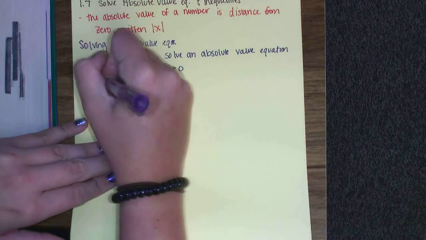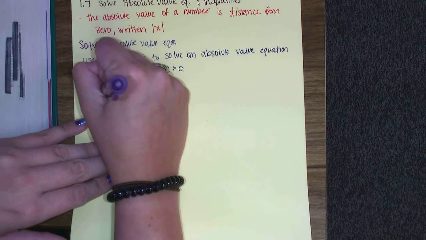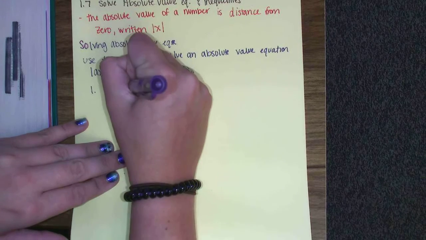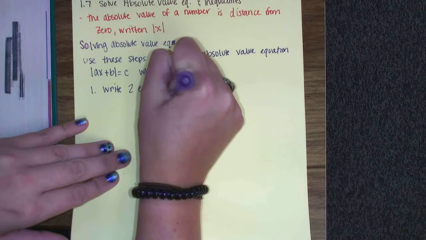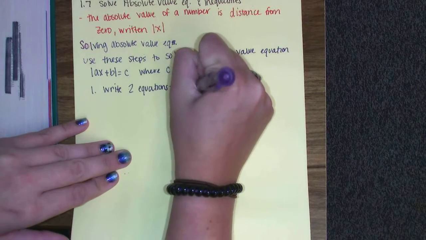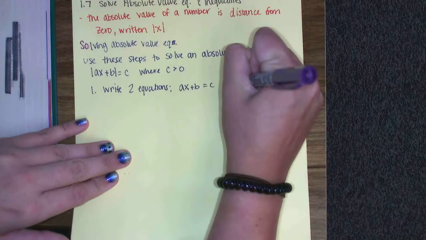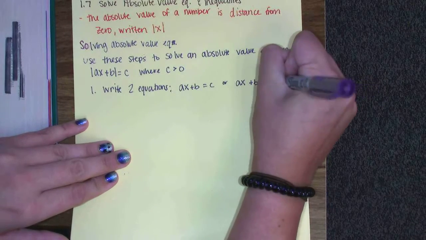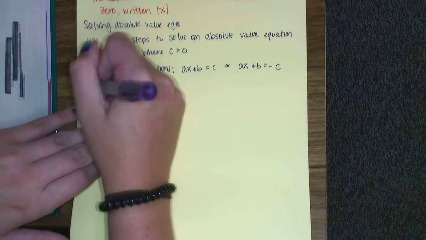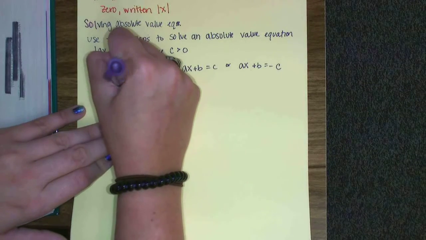So step 1, write two equations: ax plus b is equal to c, or ax plus b is equal to negative c. And 2, solve each equation.